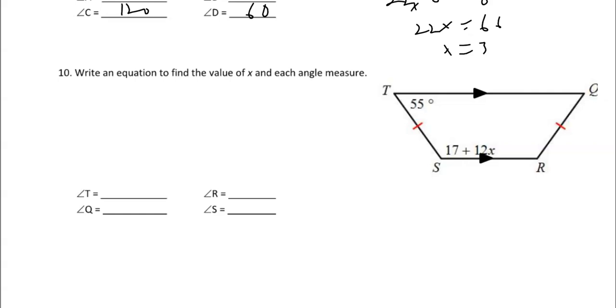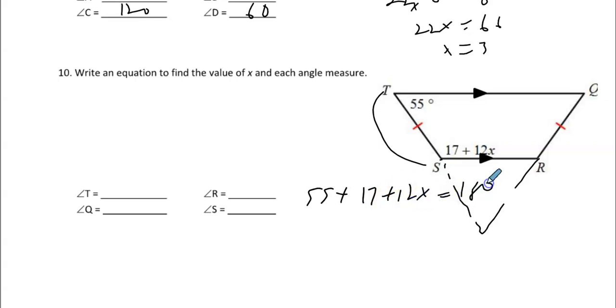So again, we have the same thing, it's just upside down this time. An isosceles trapezoid. Like we said before, T and S are supplementary. So 55 plus 17 plus 12x equals 180.